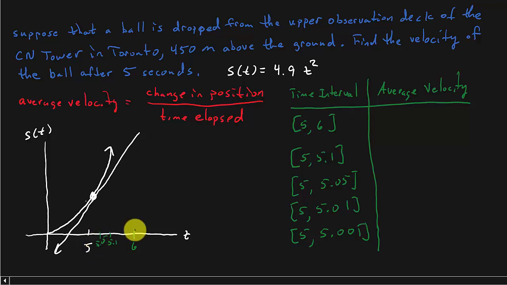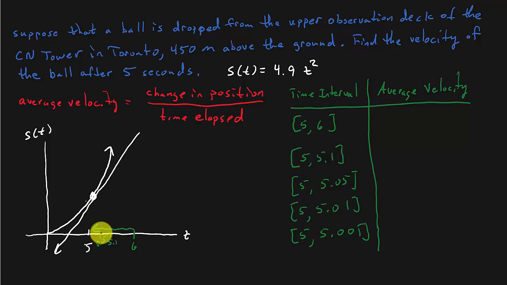What am I doing? All I'm doing is this 6, the 5.1, this one, and this one. Look, I'm just approaching 5 from the right-hand side. That's all I'm doing. Okay?